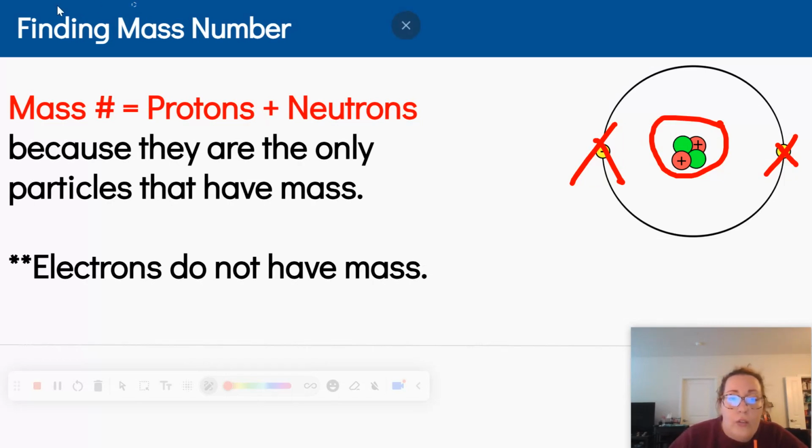Or you can take the number of protons, which we know from this picture is 2, and take the number of neutrons, which we can count, the green ones are also 2. And that's going to give us a total of 4. So this atom has a mass of 4.